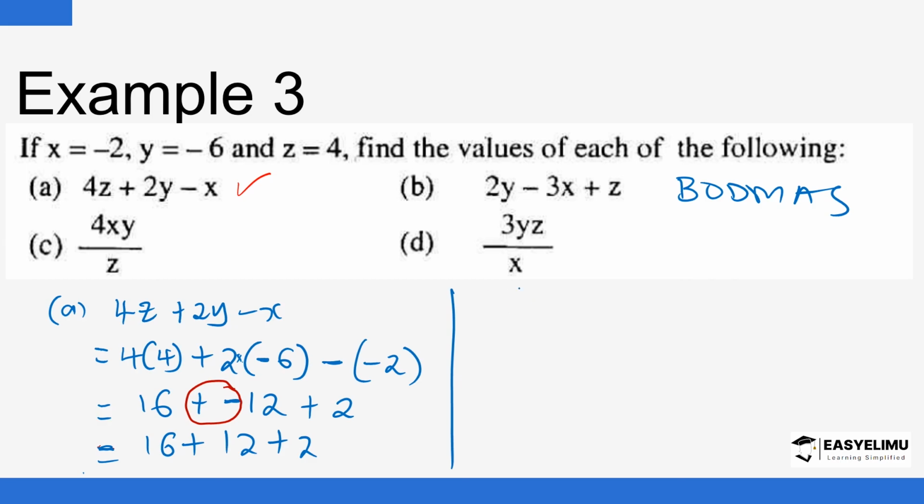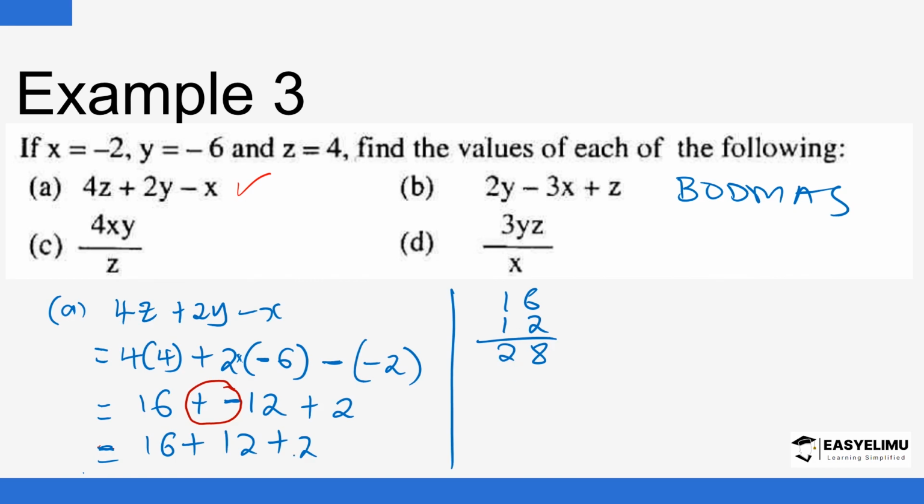16 plus 12 is 28. So maybe I'll add 12 to 2 first. Or you can arrange them vertically. So we have 1, 6 and 1, 2. So this is 8, carry 1. So that is 6 plus 2 is 8. And then 1 plus 1 is 2.